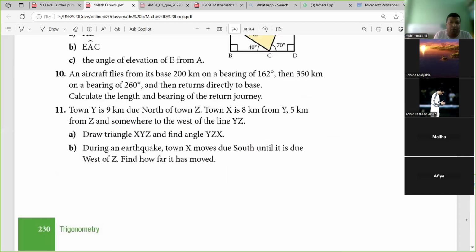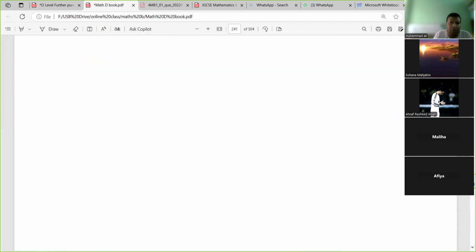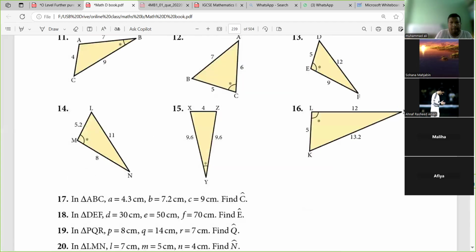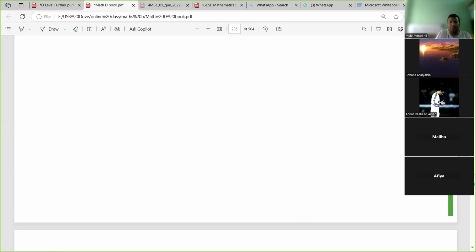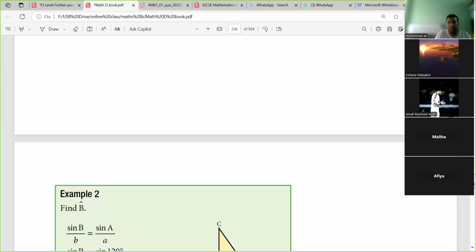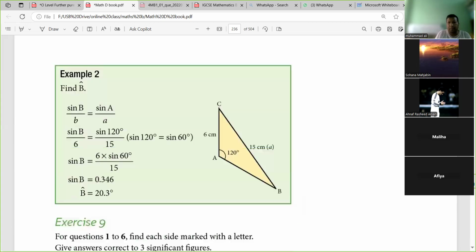Okay. Now, the cosine rule, I missed it from here. Sine rule here.